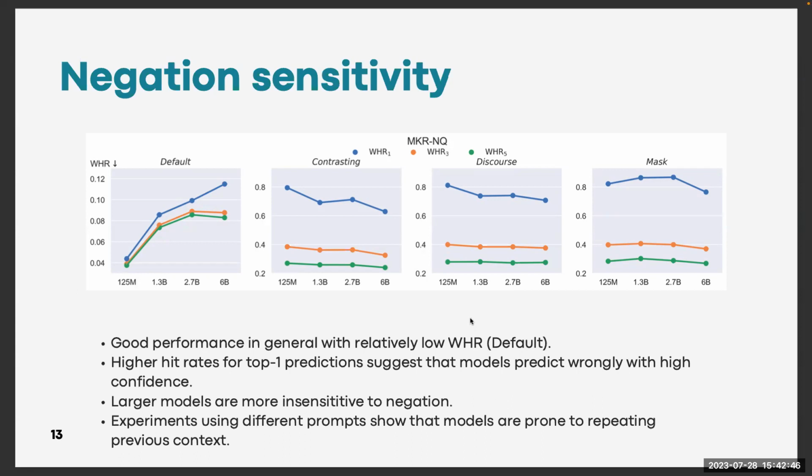Even smaller models can already do that. If you use BERT, the performance is already very good for those non-negative queries. So accuracy for the non-negation result is very high.